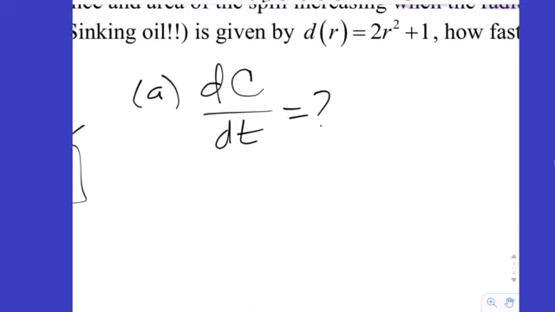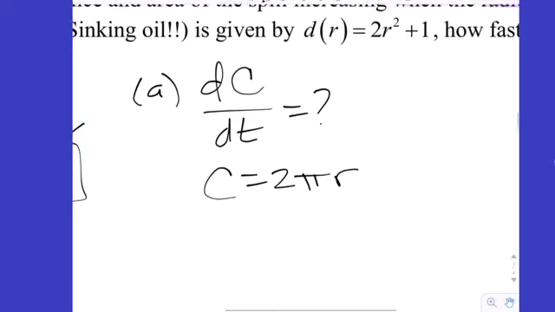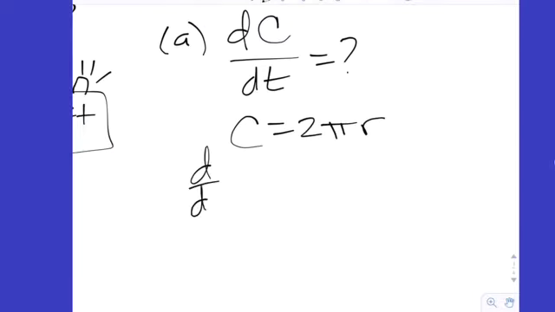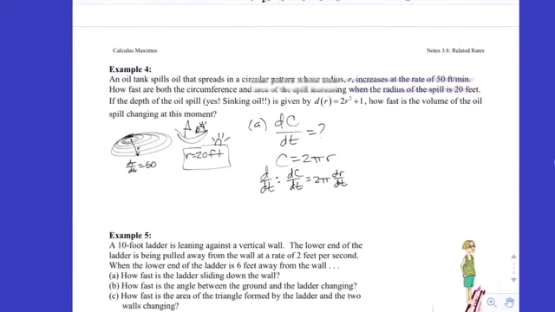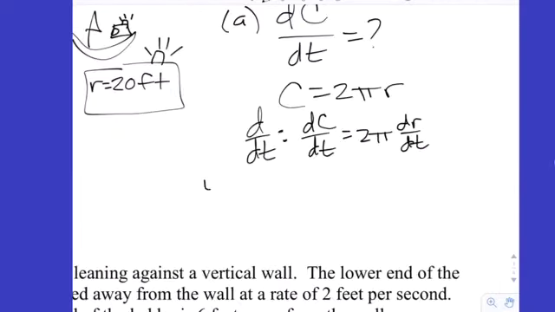So how do we do that? 2 pi r. Good. So again, it's another geometric formula. C equals 2 pi r. That's your position equation. Now you want the derivative with respect to time, so that's d/dt. And you get dC/dt equals 2 pi dr/dt. And now you can plug in when r equals 20.